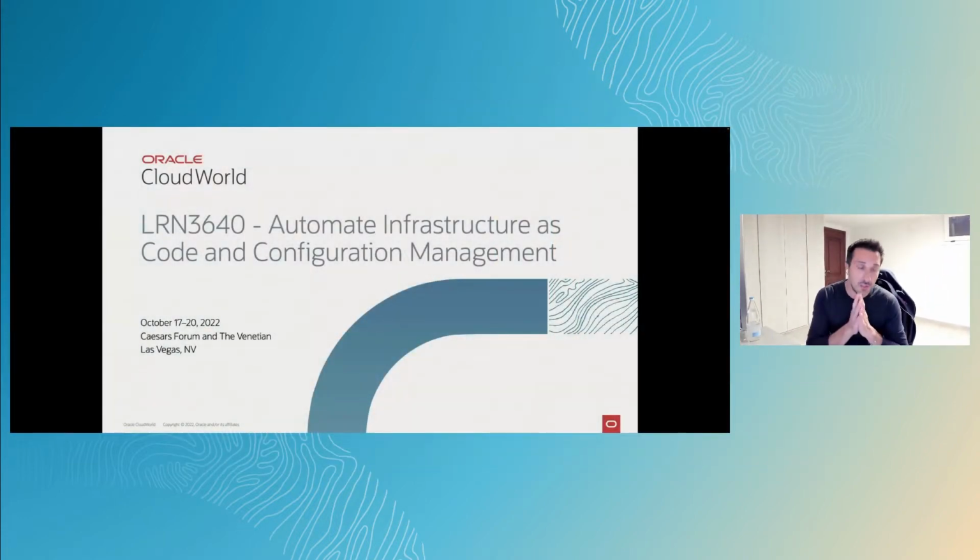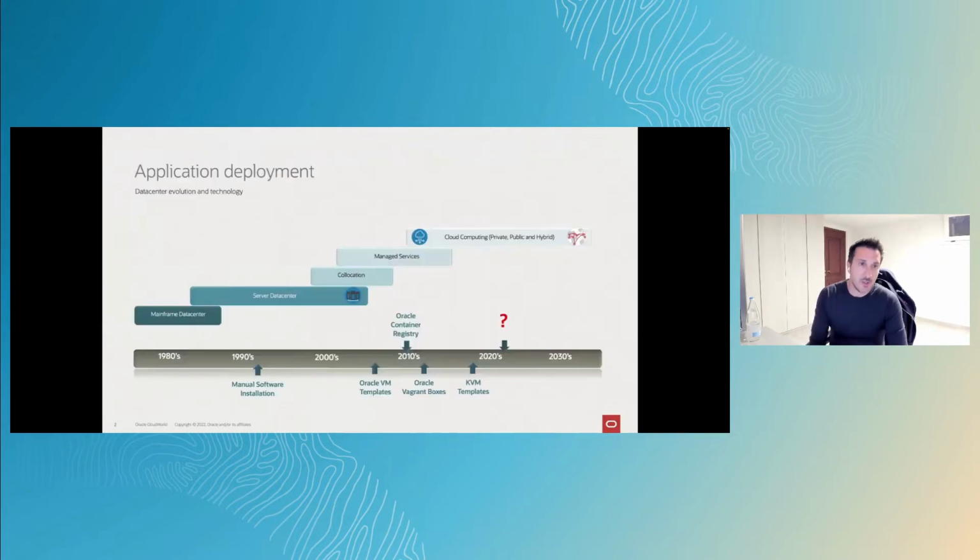So today I'm going to share with you how to automate your infrastructure as code and configuration management. So let's immediately give a quick look at application deployment over time.